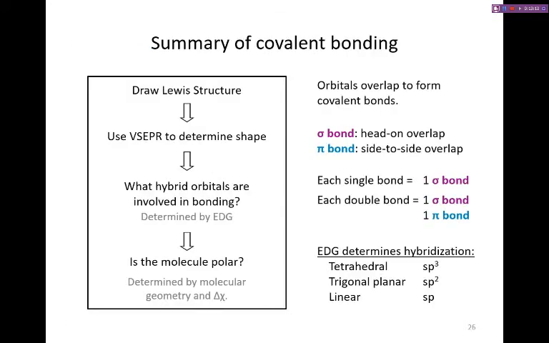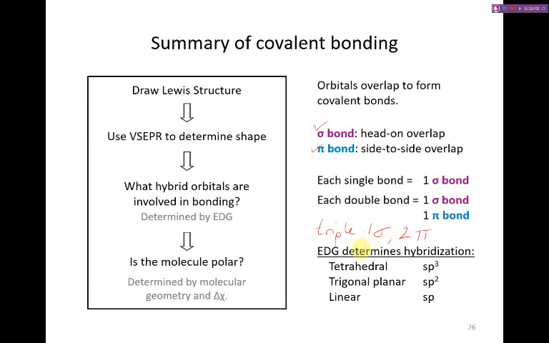So let's summarize what we've learned about covalent bonding. We know that orbitals overlap to form covalent bonds, and that depending on what type of orbital overlap they are, we either have a sigma bond or a pi bond. Every single bond consists of a sigma bond. Every double bond consists of a sigma and a pi bond, and every triple bond consists of one sigma and two pi bonds.